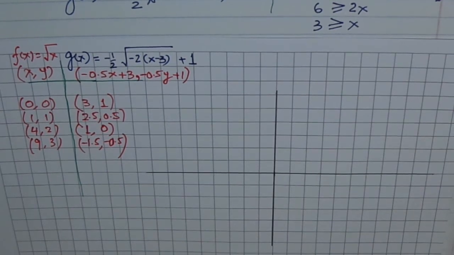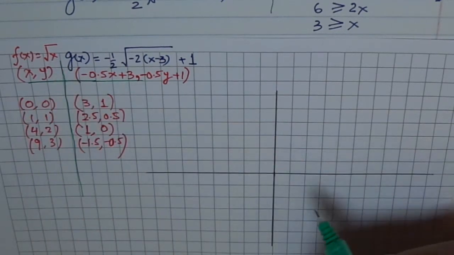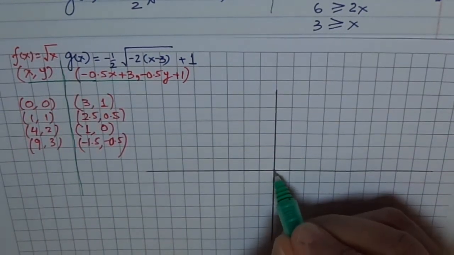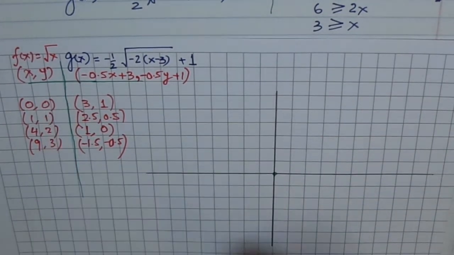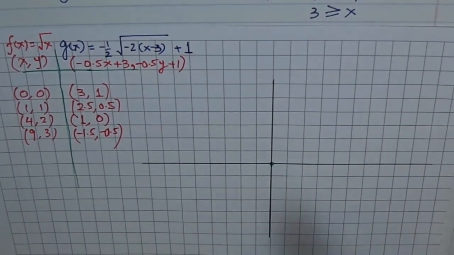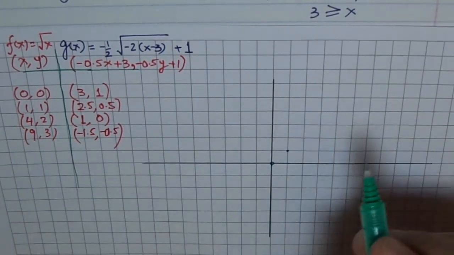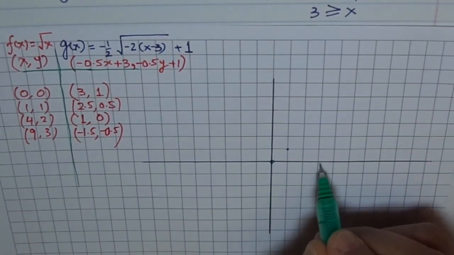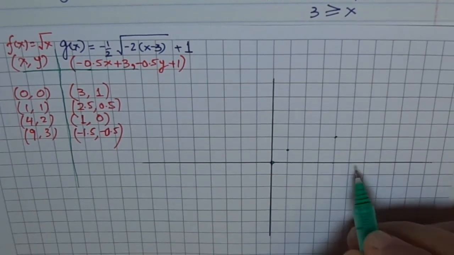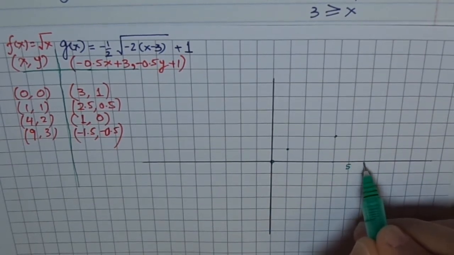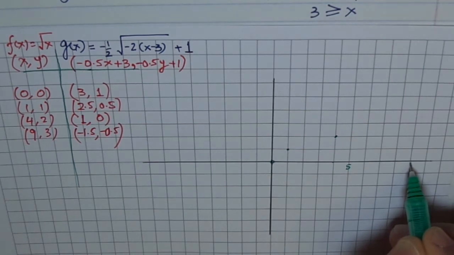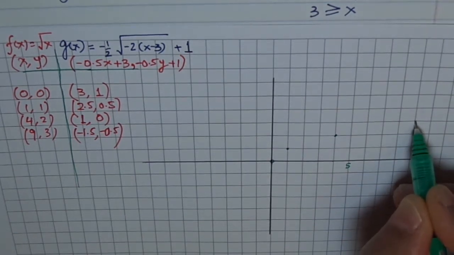So these are the final values. So what we could do is, first we can draw our square root function, the original function. The points here are (0, 0), (1, 1), (4, 2), and (9, 3).